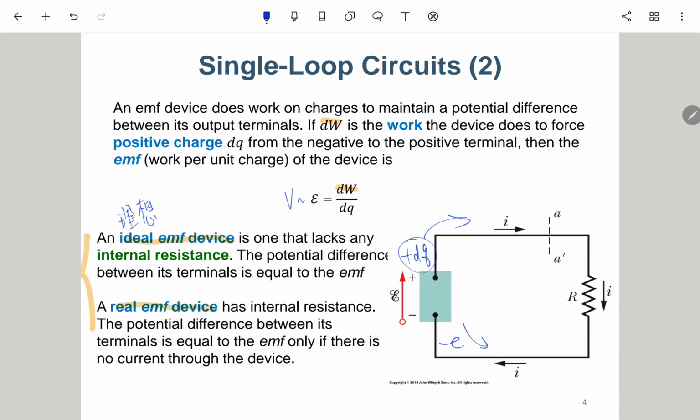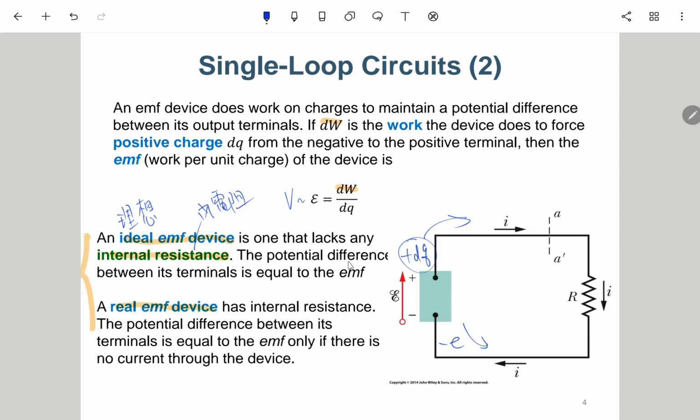In the real world it does not really exist, but if we assume the EMF device is ideal, it can simplify the calculation, so usually you use it. An ideal device means one that lacks any internal resistance.